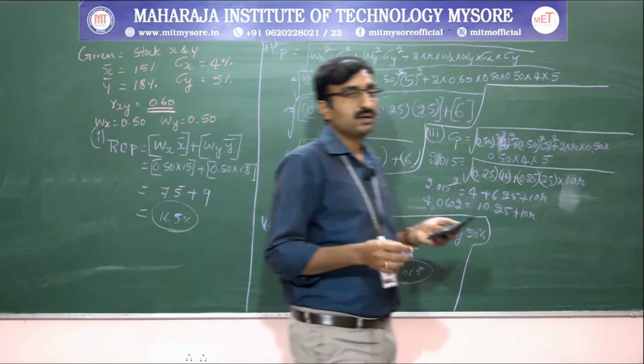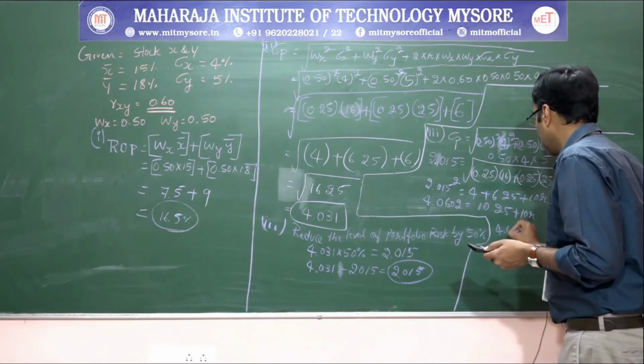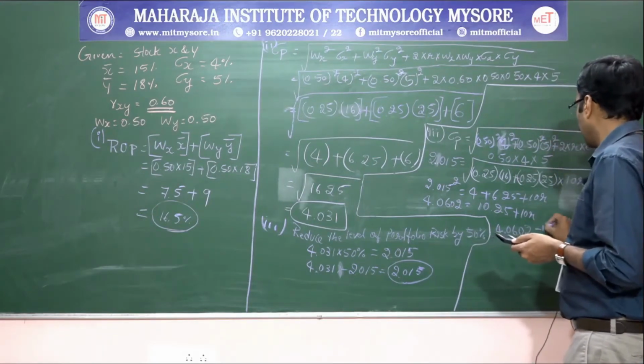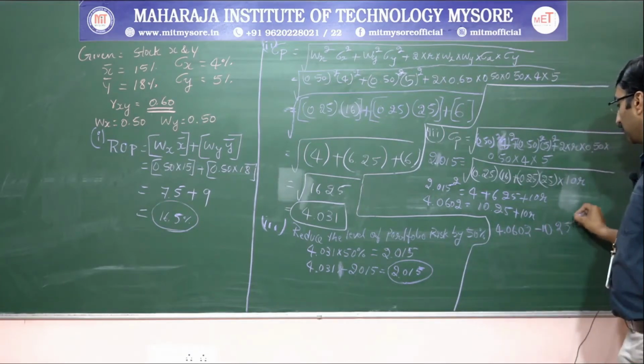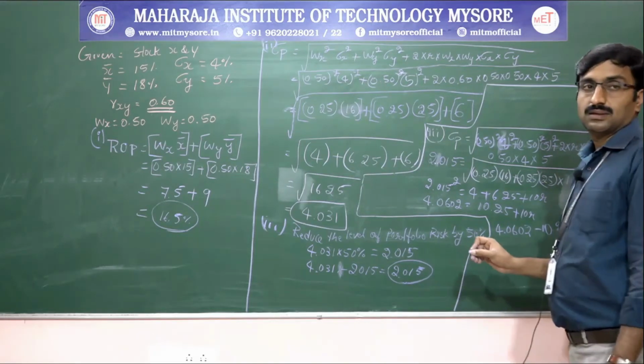Okay. So, then we will take this side, right side, 4.0602 minus 10.25, mathematical calculation if you do, that is equal to 10 R. Okay.